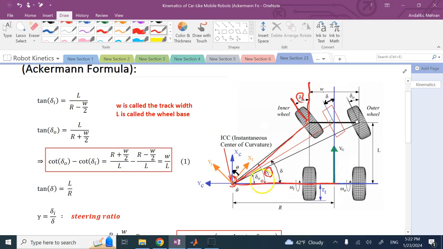Since these two are perpendicular to those two, the angle between them is the same, so they are both delta I.